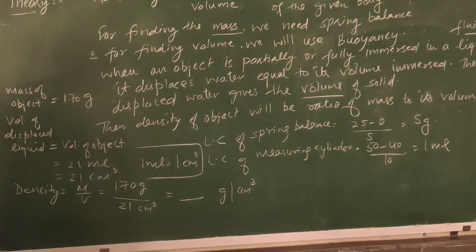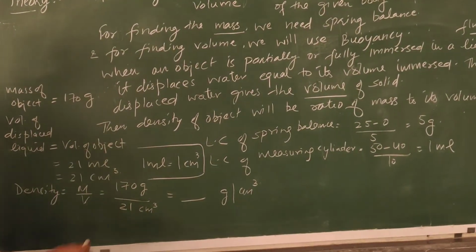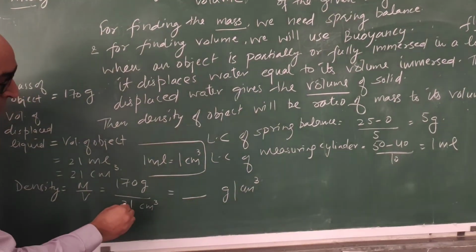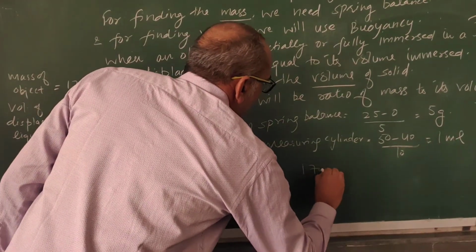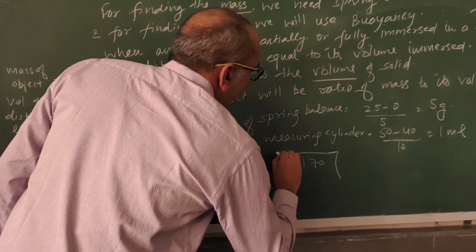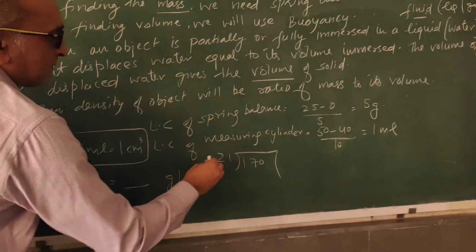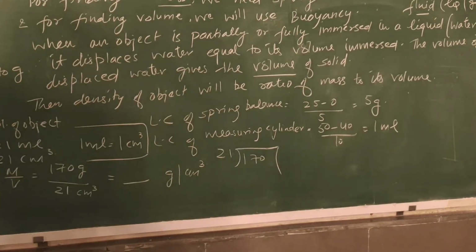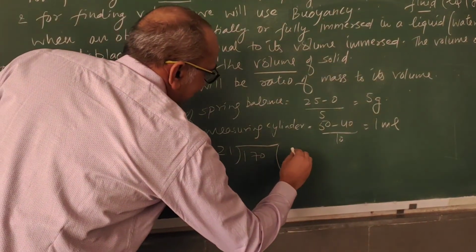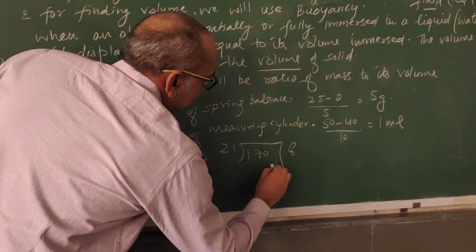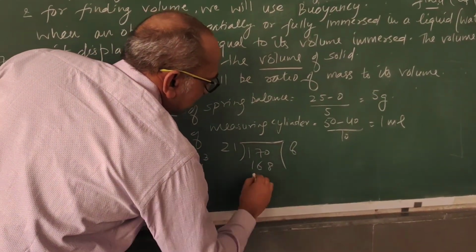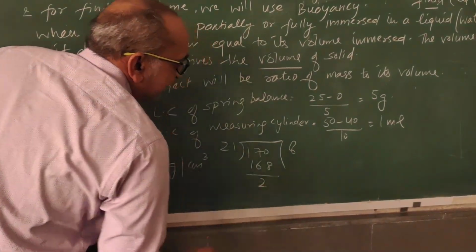How much is 170 upon 21? You can divide it. Twenty-one eights are 168. We have got 2 as remainder.